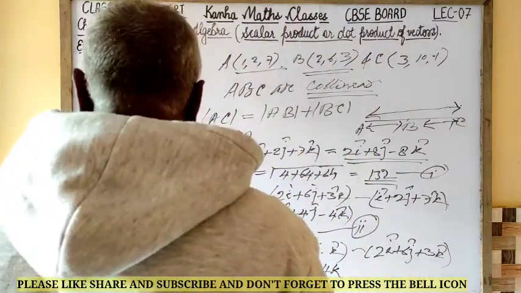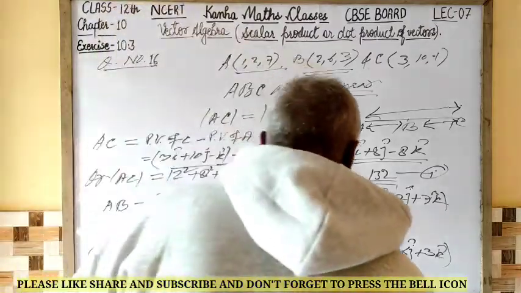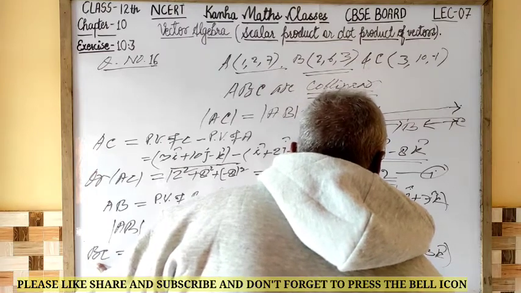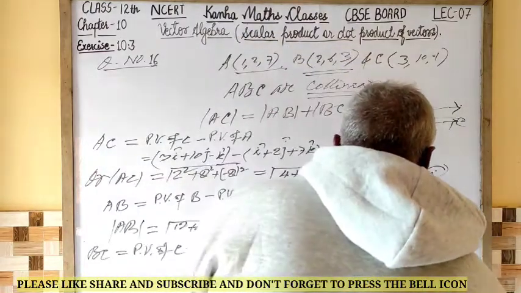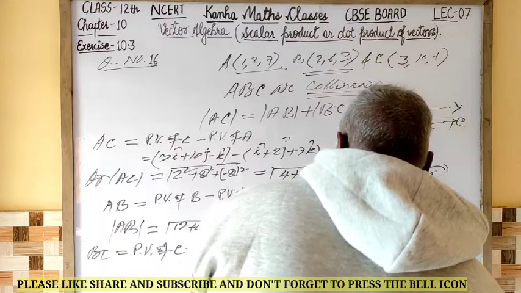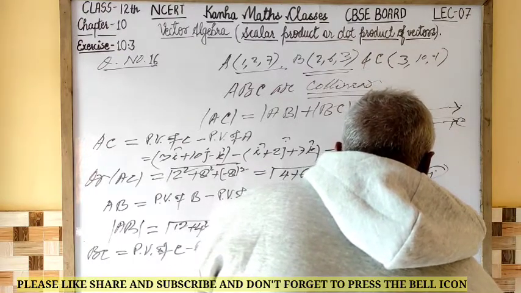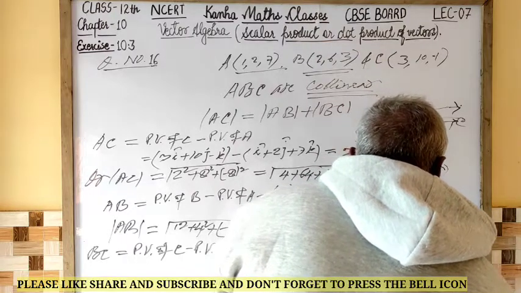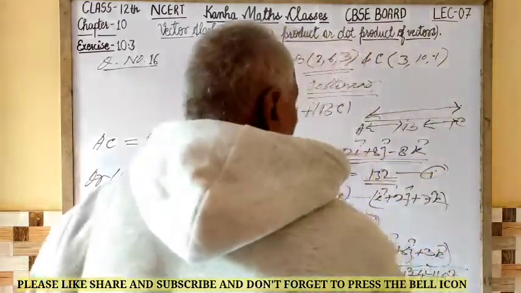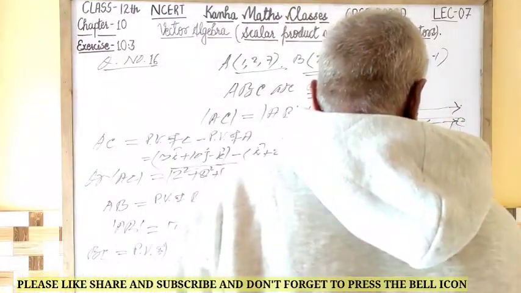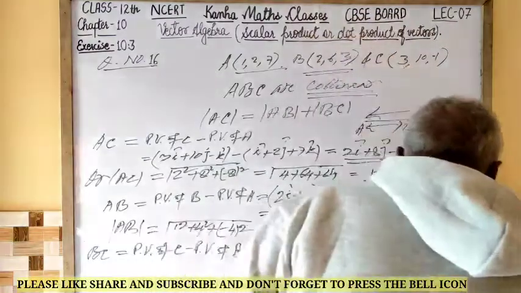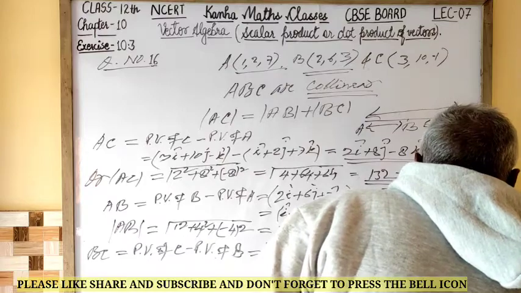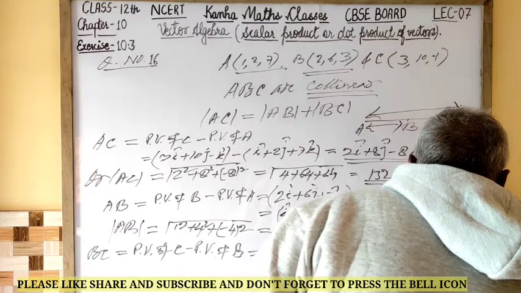The magnitude of vector BC is equal to under root 1 square plus 4 square plus minus 4 square, that is 16 plus 16 is 32, plus 1 means under root 33, and this is equation number 3.